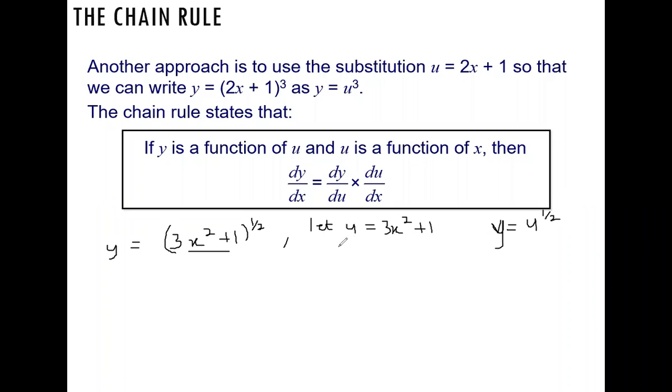And apply the principle of differentiation. So du/dx will be equal to 6x. We have 6x. And then dy/du will be equal to half.